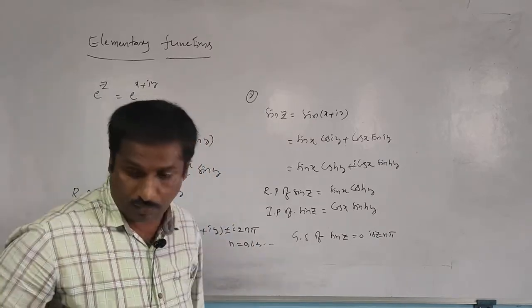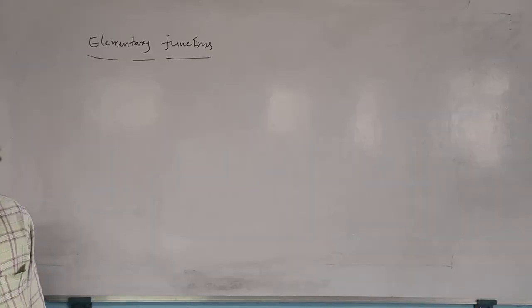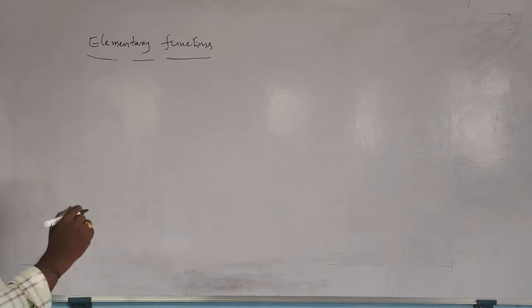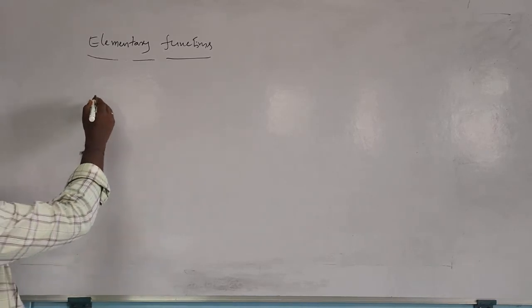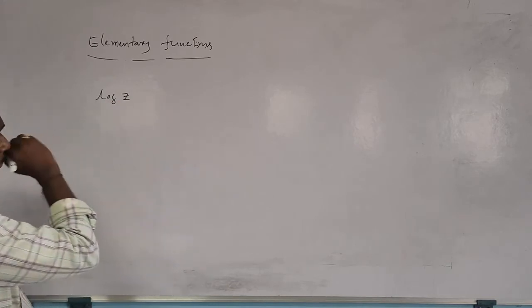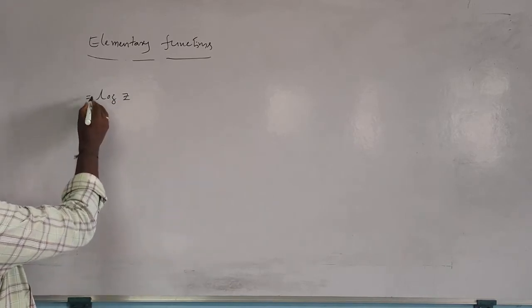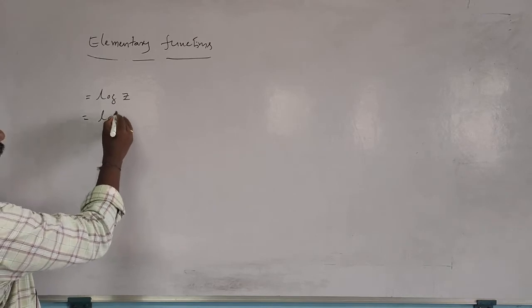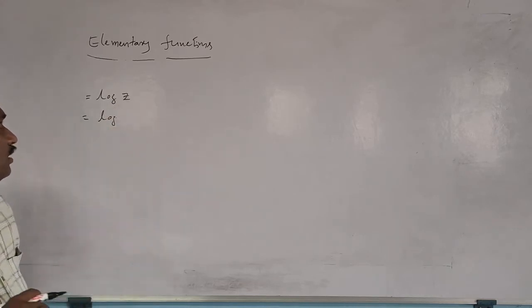Now discuss the logarithm function, log z. We write z as x + iy. It is the Cartesian form, so we cannot separate the real and imaginary parts of log z.